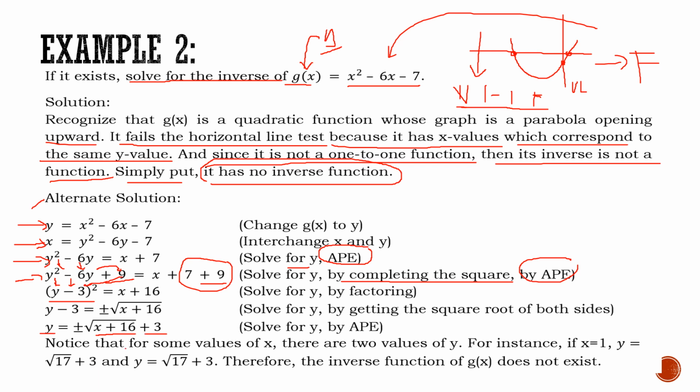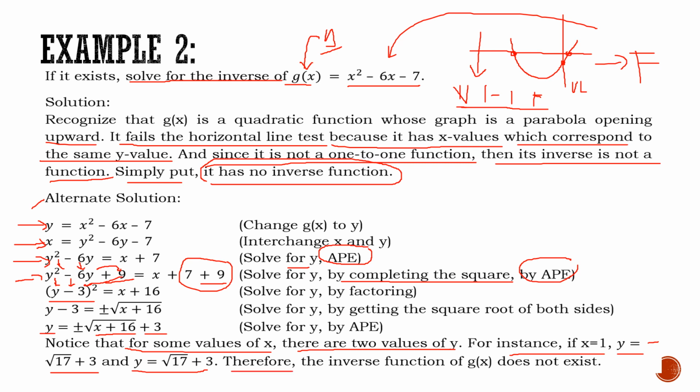Notice that for some values of x, there are two values of y. For instance, if x is equal to 1, y is equal to square root of 17 plus 3, and y is equal to negative square root of 17 plus 3. So here there's a negative sign, a negative and positive value of square root of 17, plus 3.